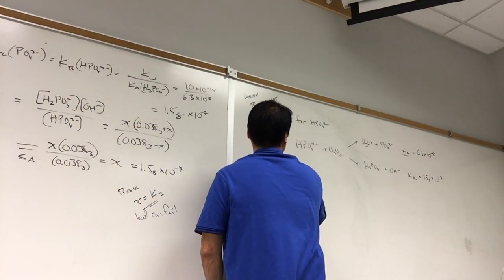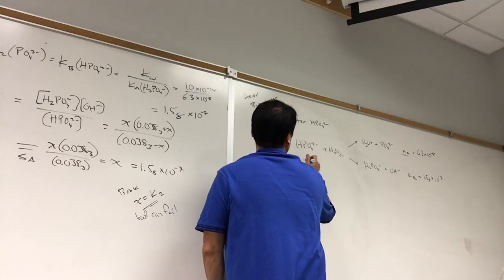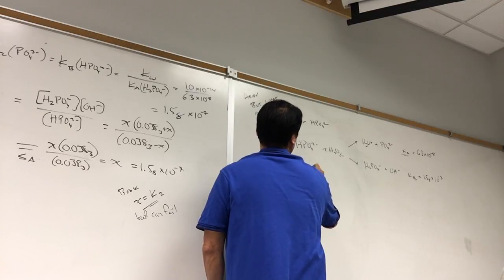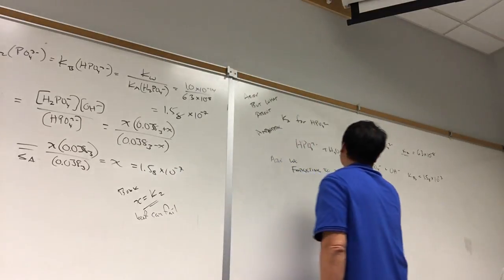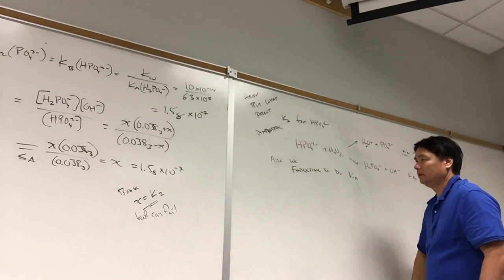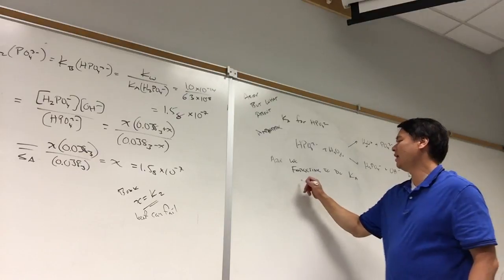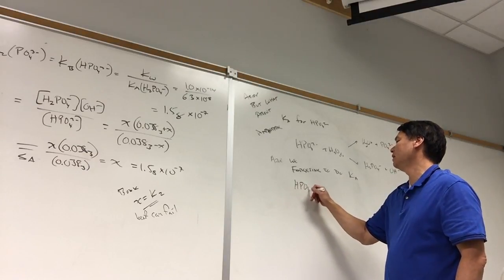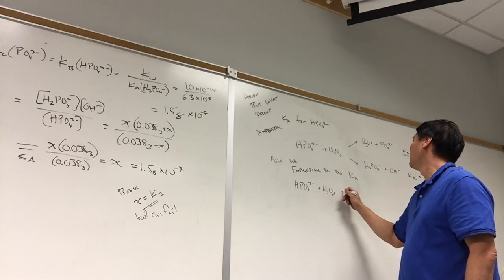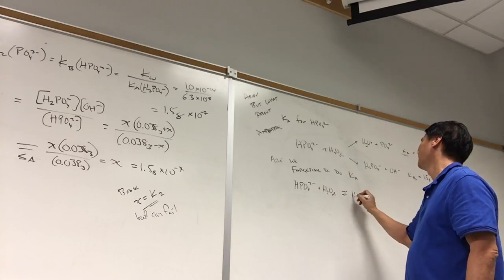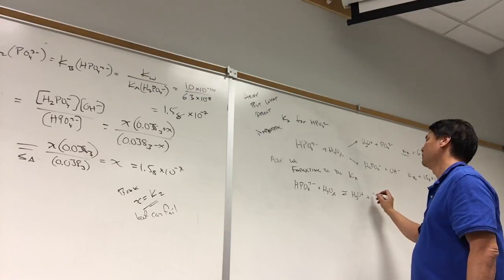And so what we should do is, shouldn't we do a Ka, that means? Are we forgetting to do the Ka? Well, we haven't even gotten there yet. Shouldn't I account for the Ka collisions? That is HPO4 2- plus H2O liquid is going to give me hydronium plus phosphate.